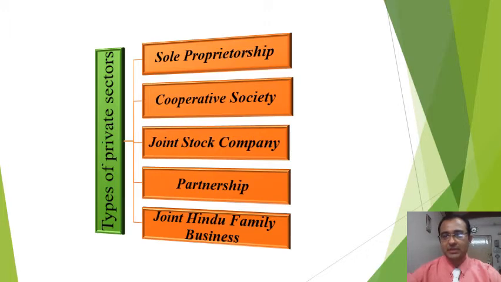These were the main types of the private sectors about which we have already discussed in the previous chapter, that is chapter number 2, forms of business enterprises. That is why in the beginning of this chapter itself I clarified that the previous chapter mainly focused on the private sectors, and in this chapter we will focus mainly on the public sector enterprises.